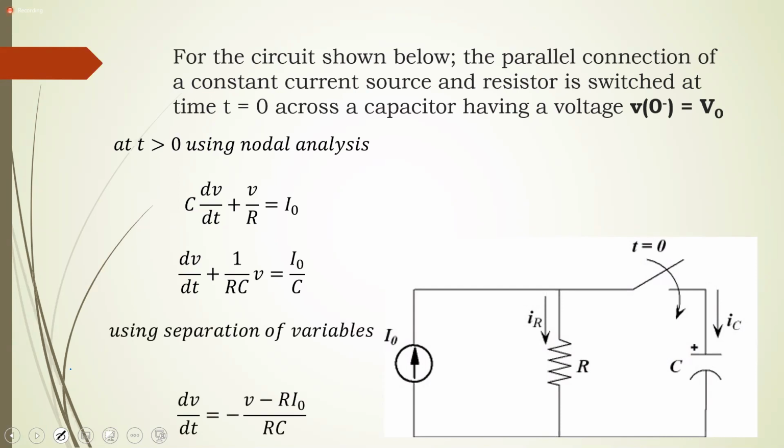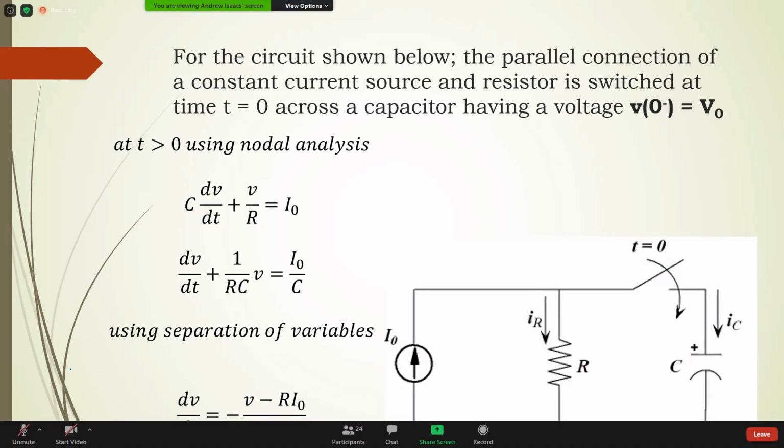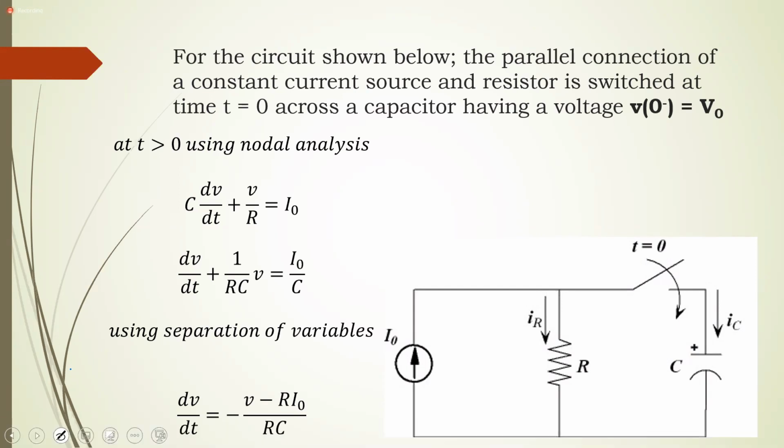So using separation of variables, and then we are going to integrate. So we have dt over RC, and we have dV over V minus RI0. So that's minus dt over RC.